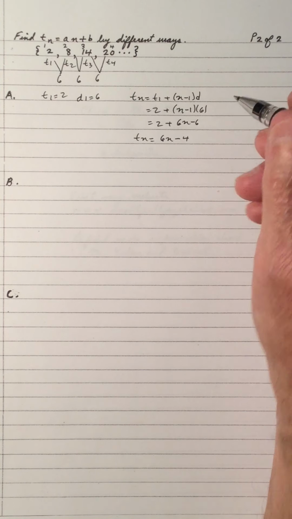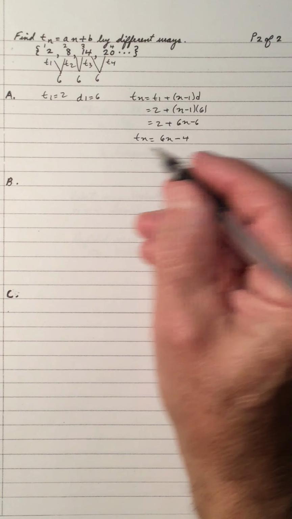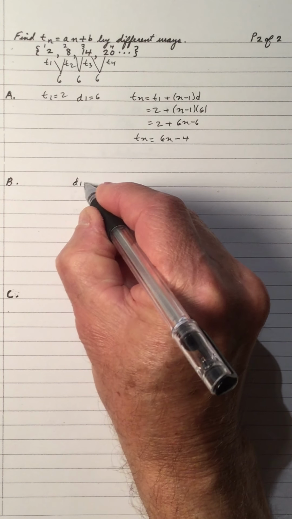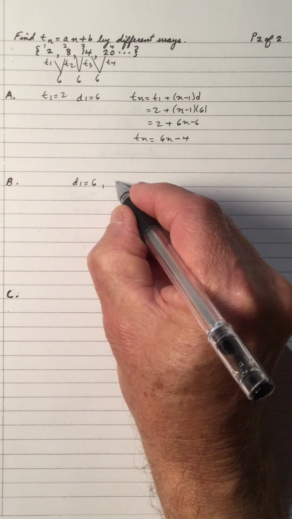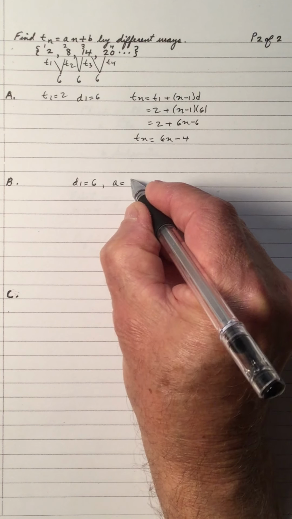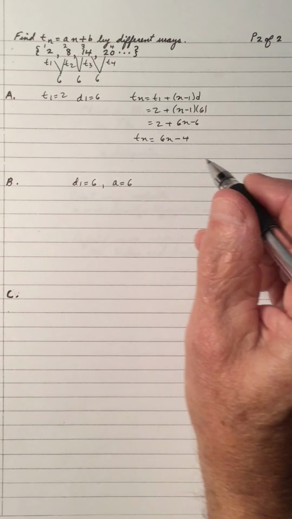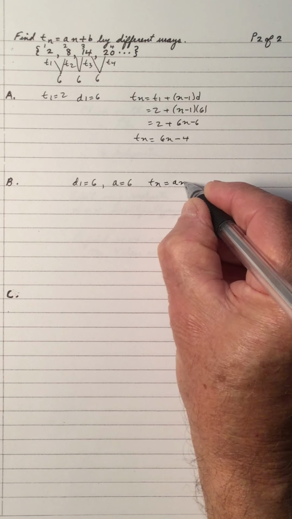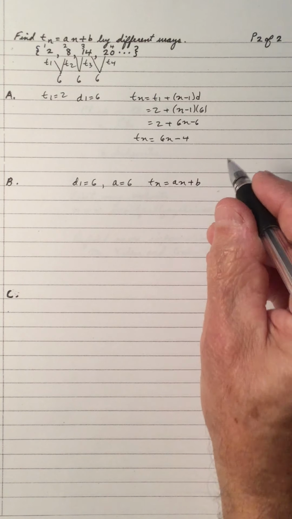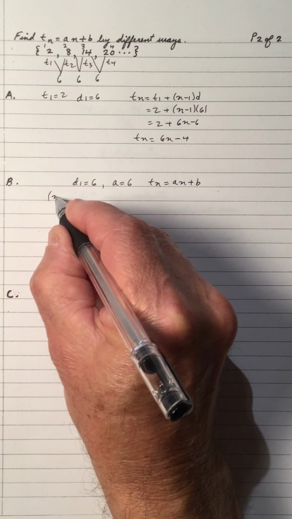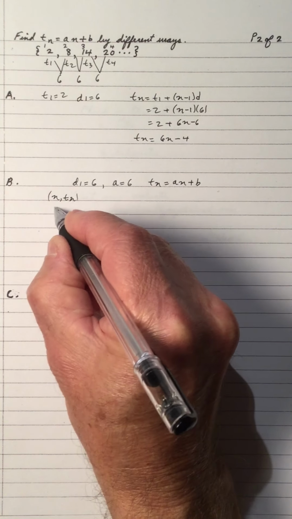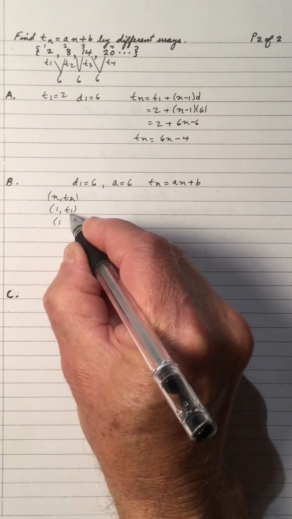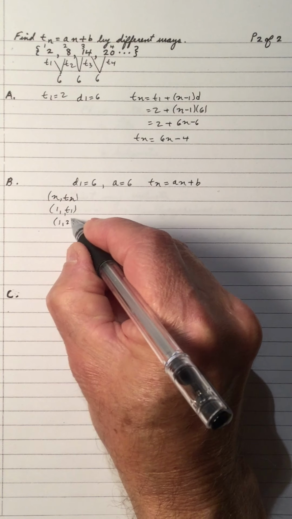Another way we could do it is we could work this out again and get that D1 is 6, but we also know that D1 is the A, so the A is 6. So if we use the equation Tn equals An plus B, then when n is 1, Tn is T1, and T1 is 2.